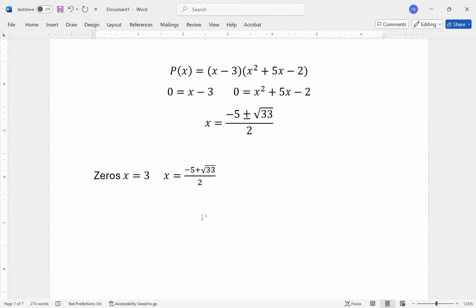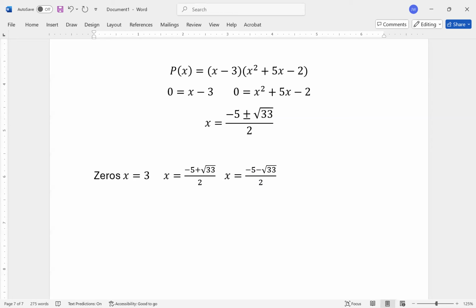And the other, which is x is equal to opposite of 5 minus the square root of 33 all over 2. That minus actually is in the wrong spot. I have to have it in the numerator for this to work. So there you go. Those are the 3 zeros of the polynomial function that I was given.